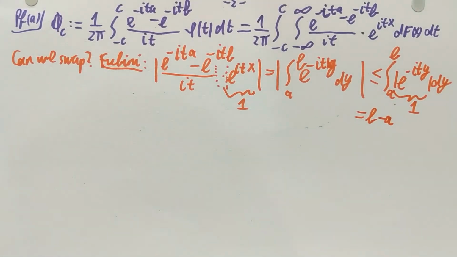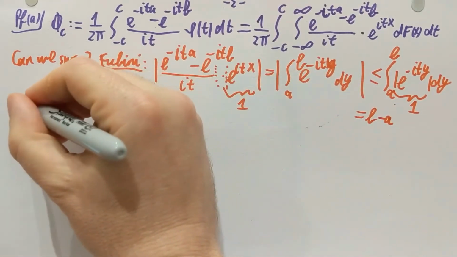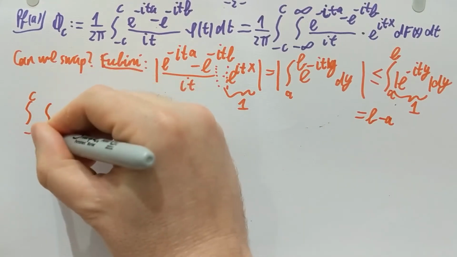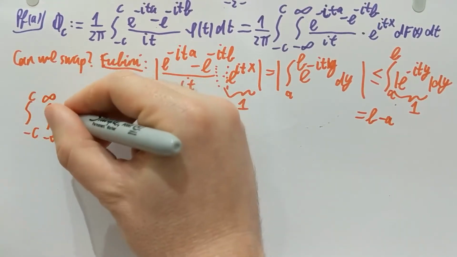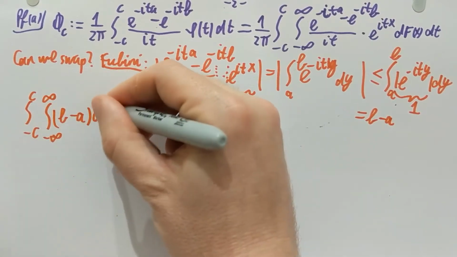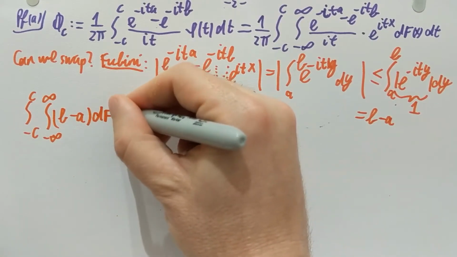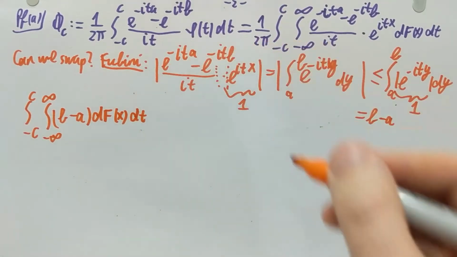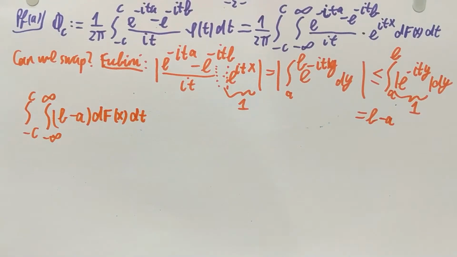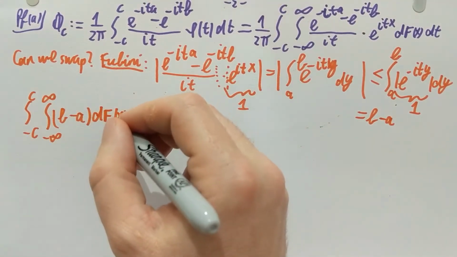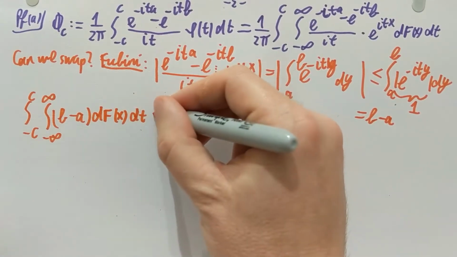If you now put the double integral of this, so from minus c to c, from minus infinity to infinity, b minus a and then dF, which actually doesn't depend on x nor on t. So if you now do this double integration, the integral of dF is 1 because it's a distribution function.